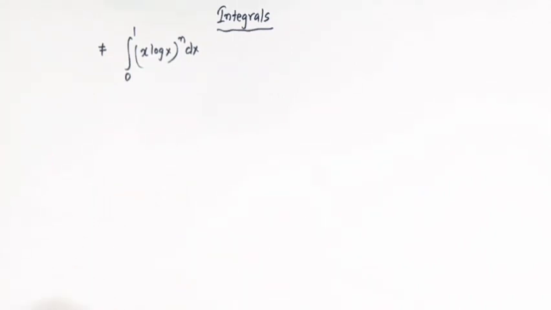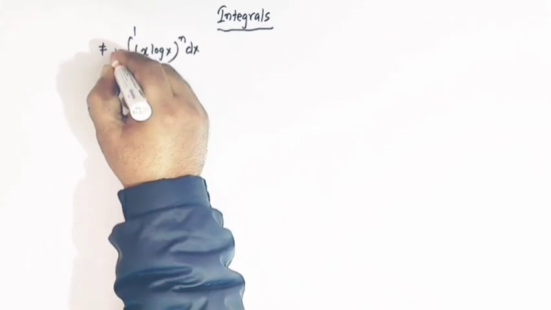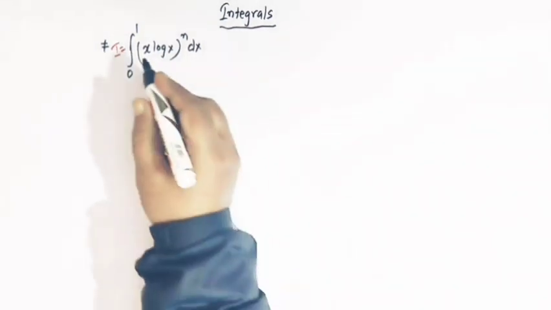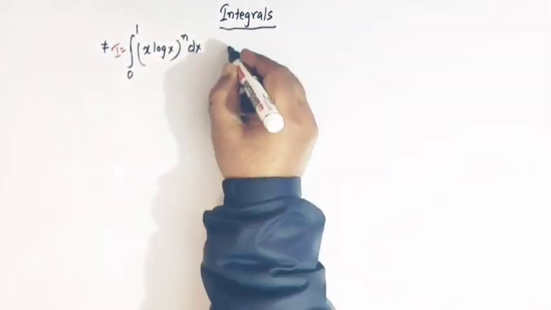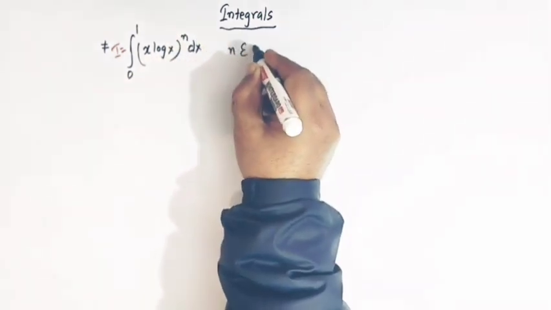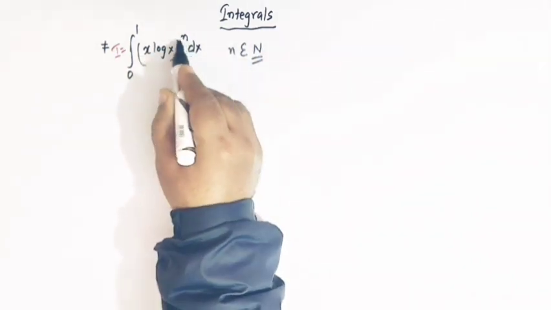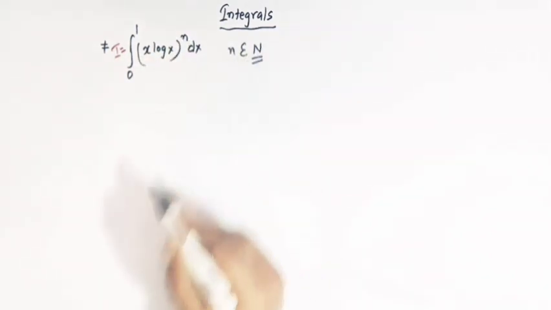Let us take this integral as I, and we'll solve it by the method of substitution. In this integral, the value of n belongs to the set of natural numbers, so this power n is a natural number.